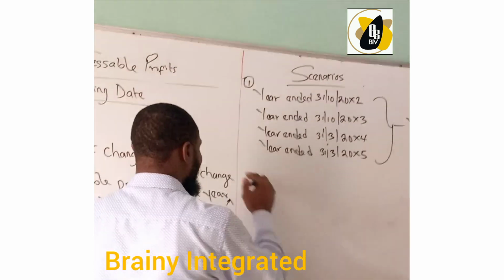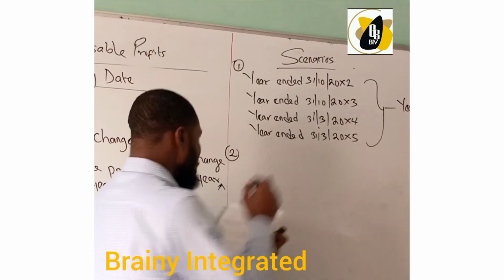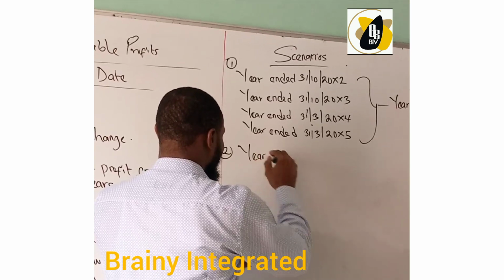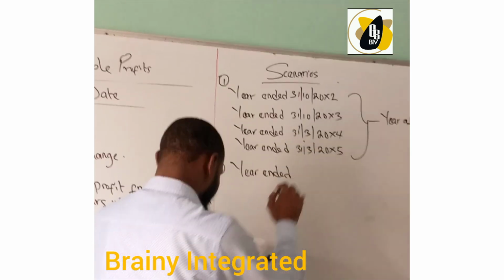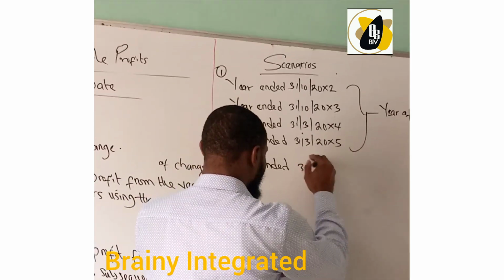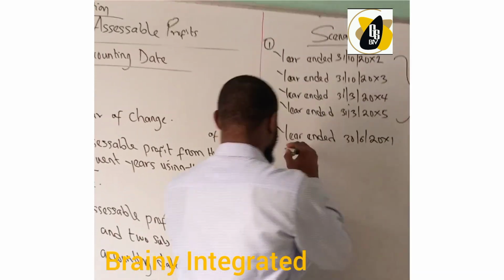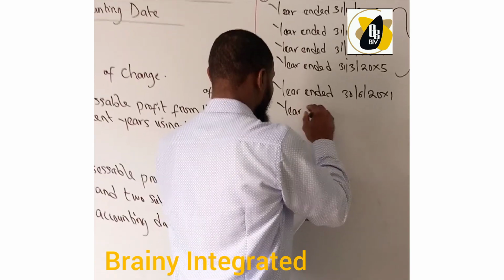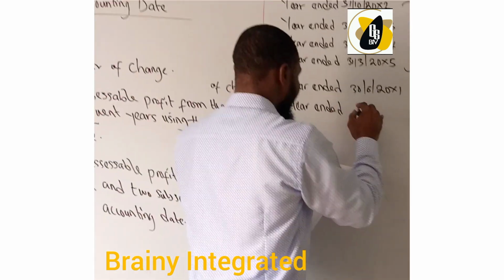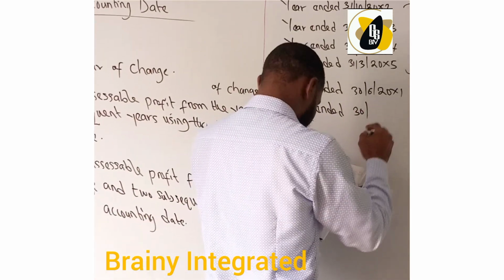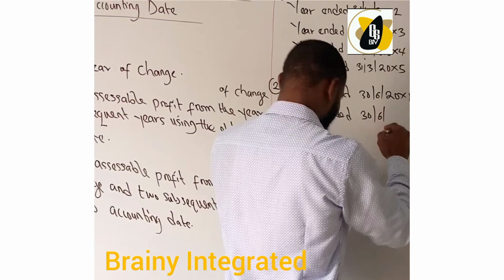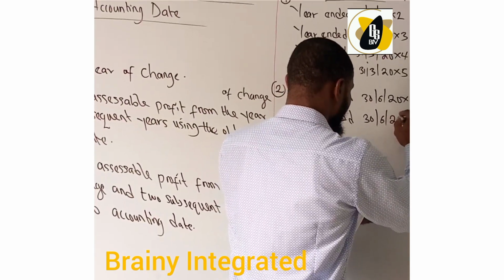Now let's look at scenario 2. In scenario 2, we have year ended 30th June 20x1. Year ended 30th June 20x2.